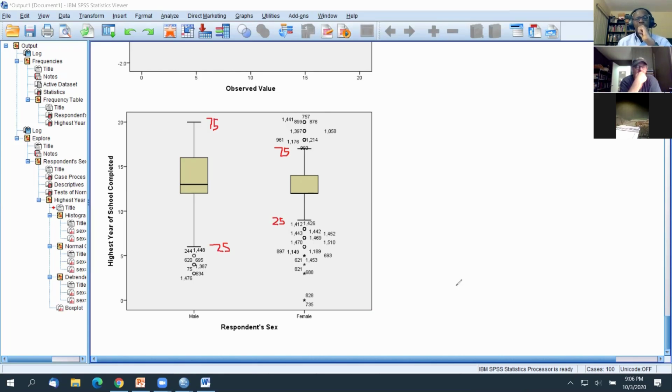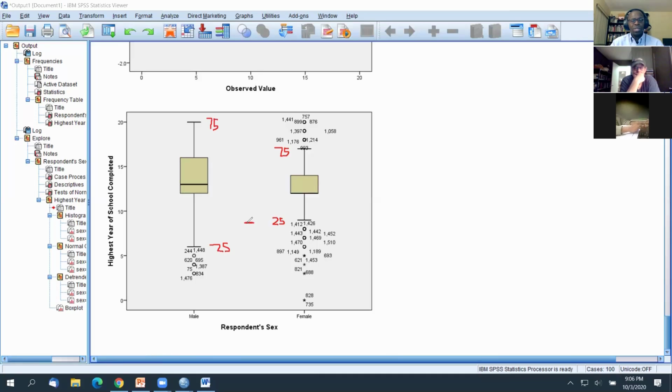Now, the assumption of homogeneity of variance. Homogeneous means the same. So the assumption of the independent samples t-test is that the spread of the data from lowest to highest is roughly the same, okay? But as you can see here, these are very different.